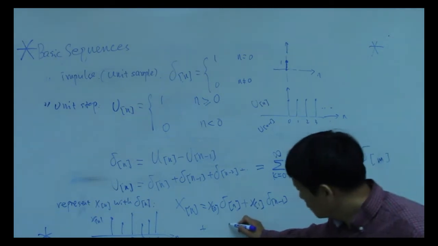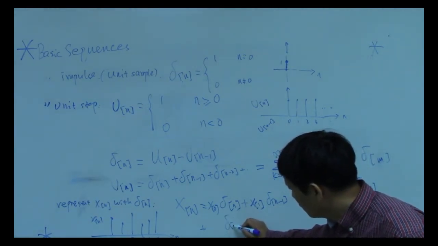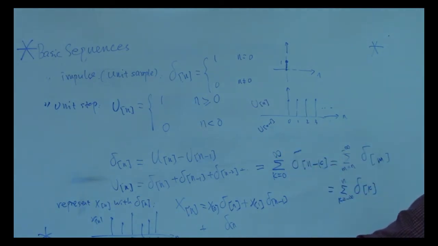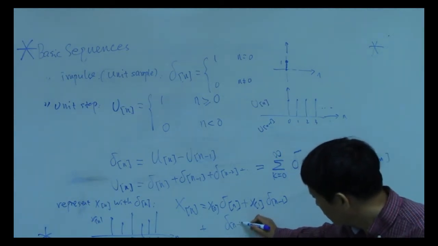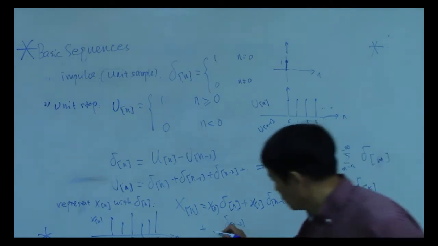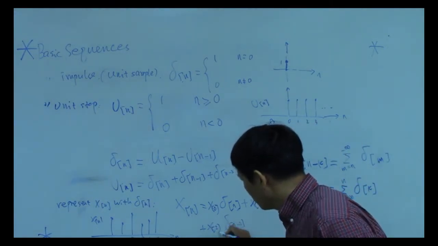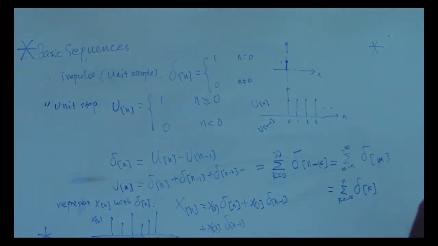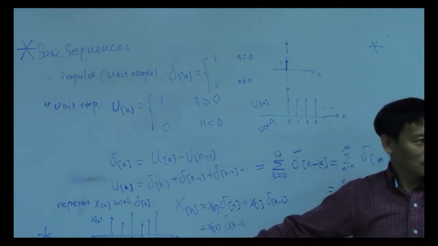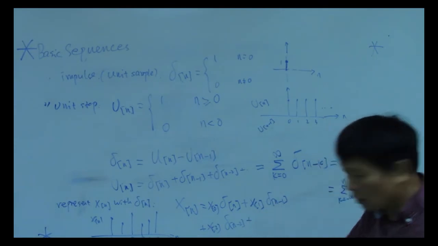Delta n minus 2. What is in the front? X2, right? Times this one. In Fibonacci, this one equals 2. 1, 1, 2, right? This one equals 2.